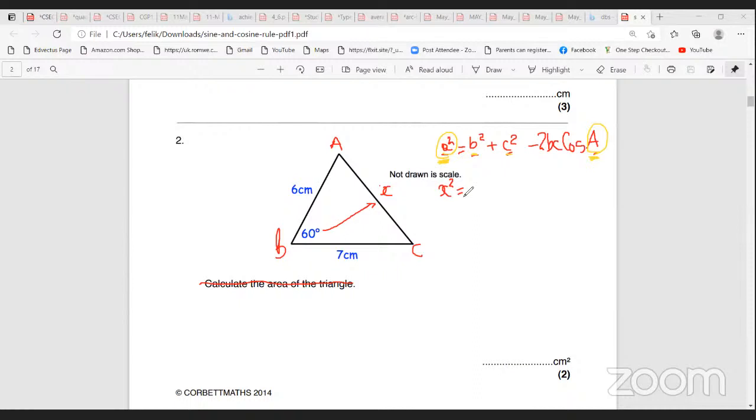Tell me, what is the value of b? 7. Six. 7 squared. Good. What's the value of c? 6 squared.